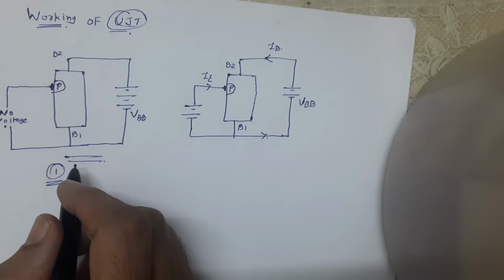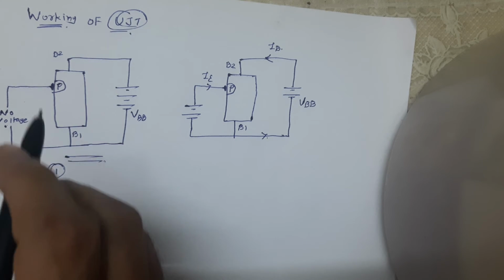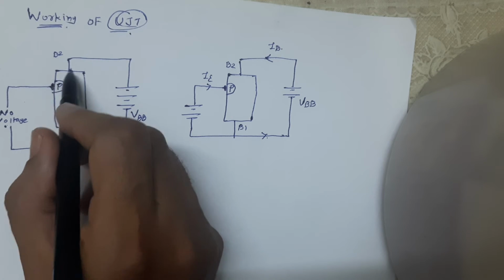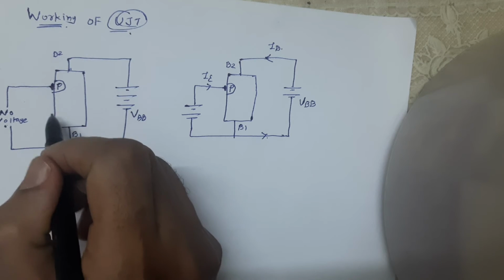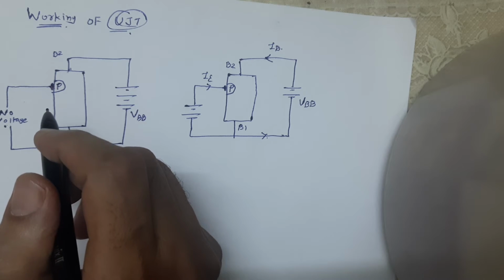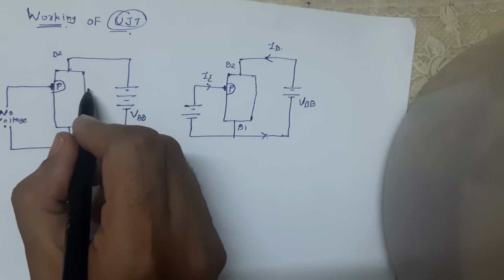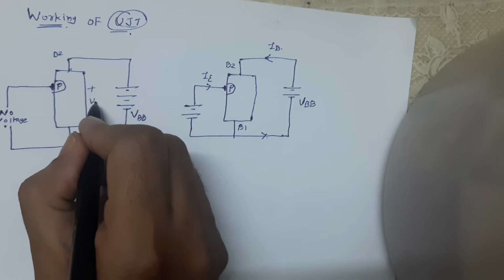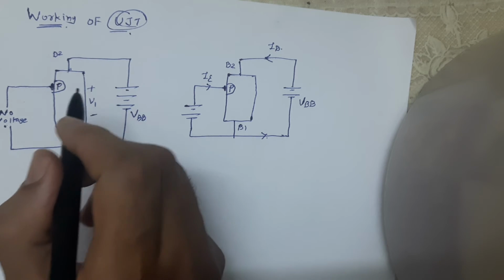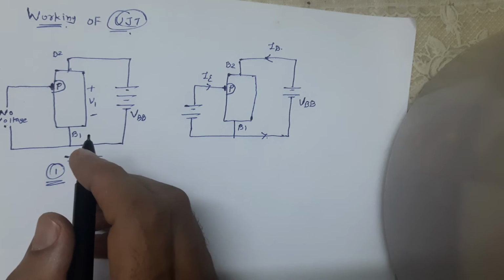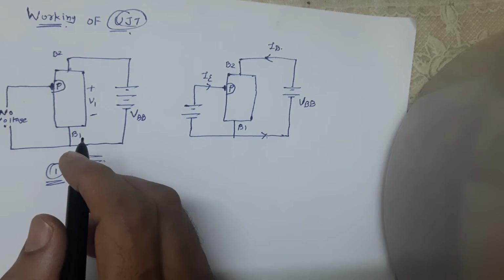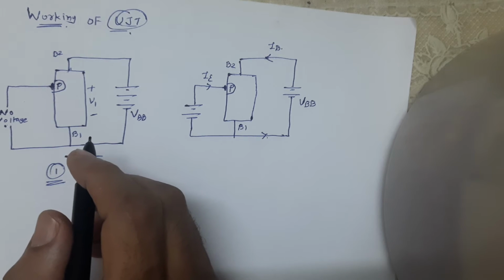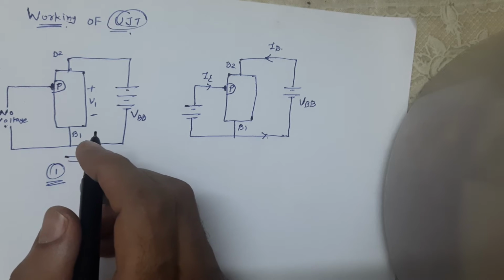Since the emitter is located near to B2, more than half of VBB appears between the emitter and base 1. This is very near to B2, this is very far, therefore the voltage V1 between emitter and B1, this is your voltage V1, establishes a reverse bias on the PN junction and the emitter current is cut off.